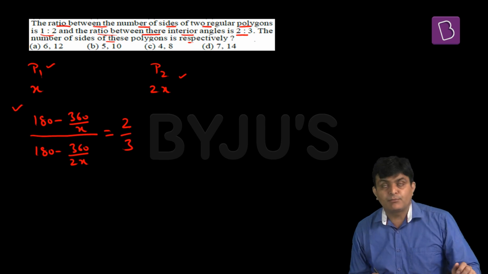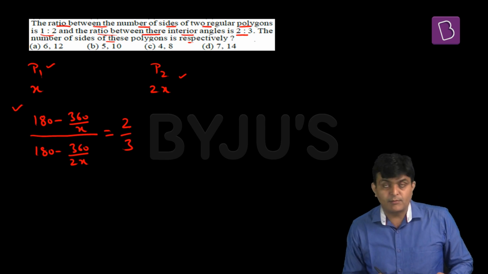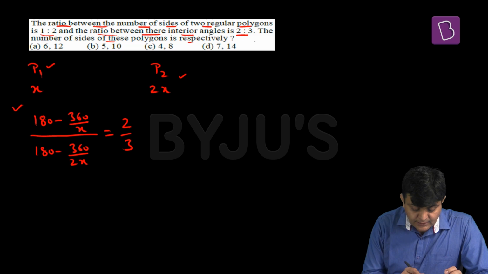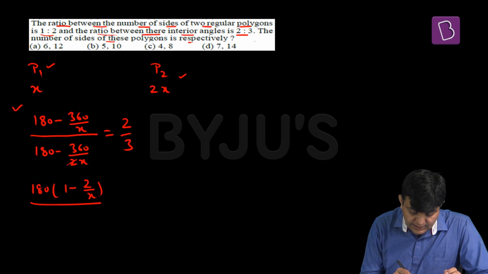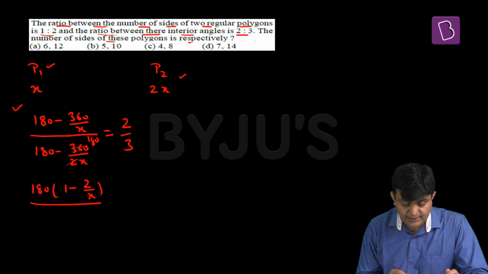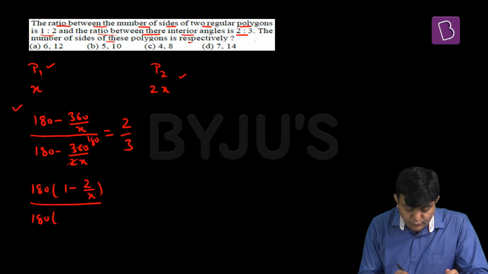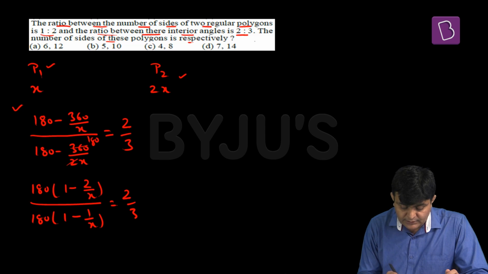This is an important line, please remember it. Now take 180 common from the numerator and denominator. It is 180 times (1 minus 2 by x) divided by, first cancel out, 360 by 2 gives 180, and 180 is common, so (1 minus 1 by x) is 2 by 3, and 180 cancels out.